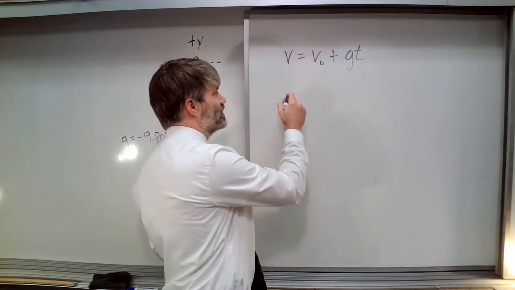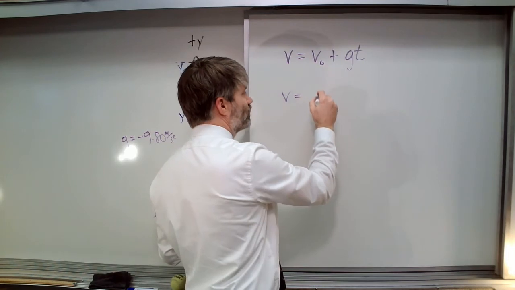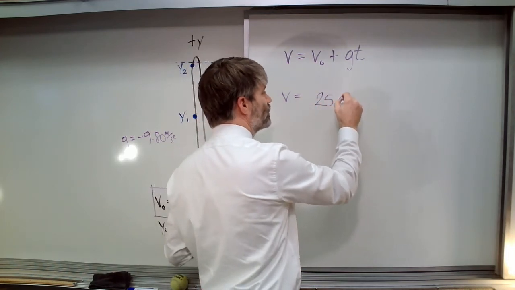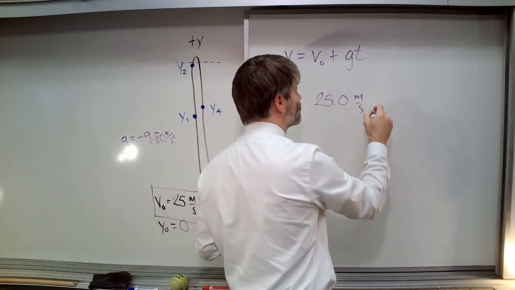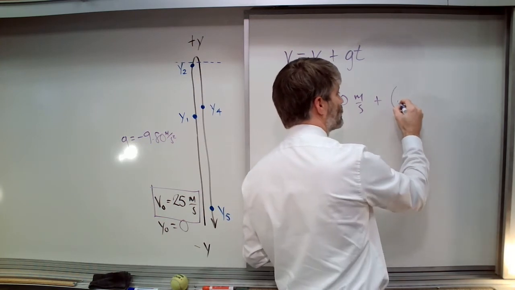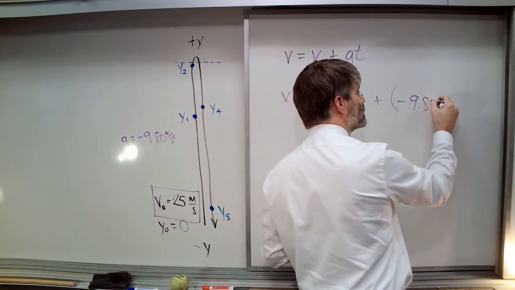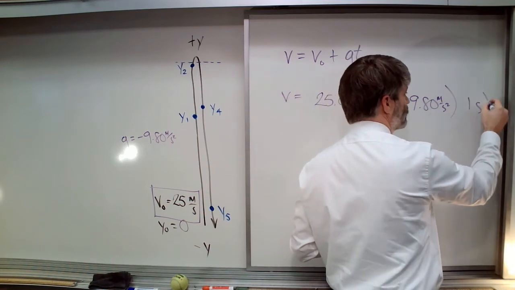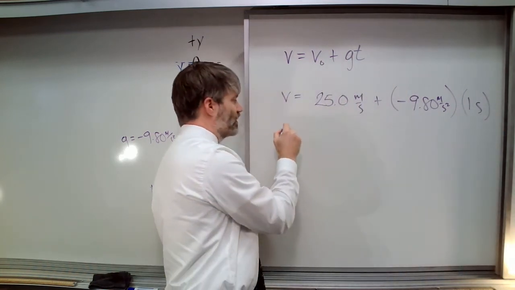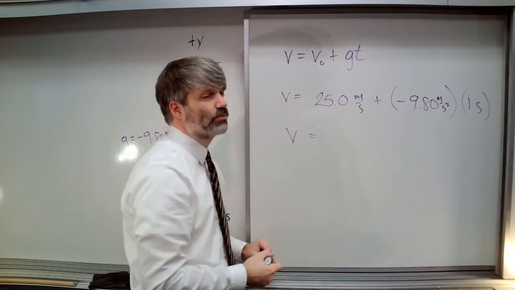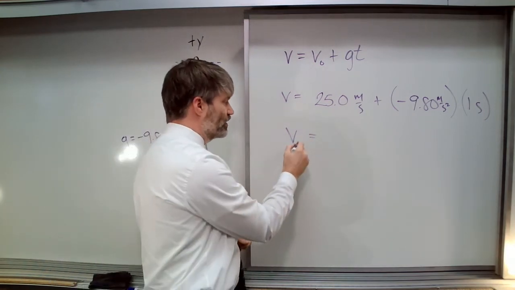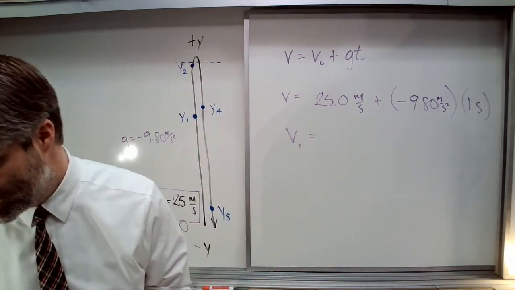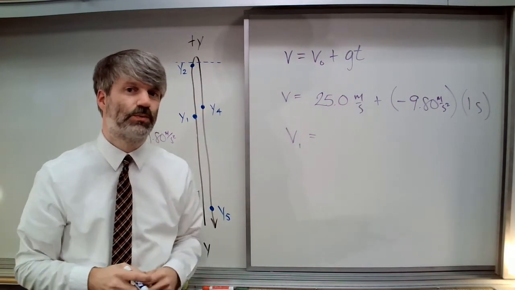So again, just one example. v is equal to 25.0 meters per second plus negative 9.80 meters per second squared times 1 second. And so v, we'll just call this v1, is going to be 15.2 meters per second.